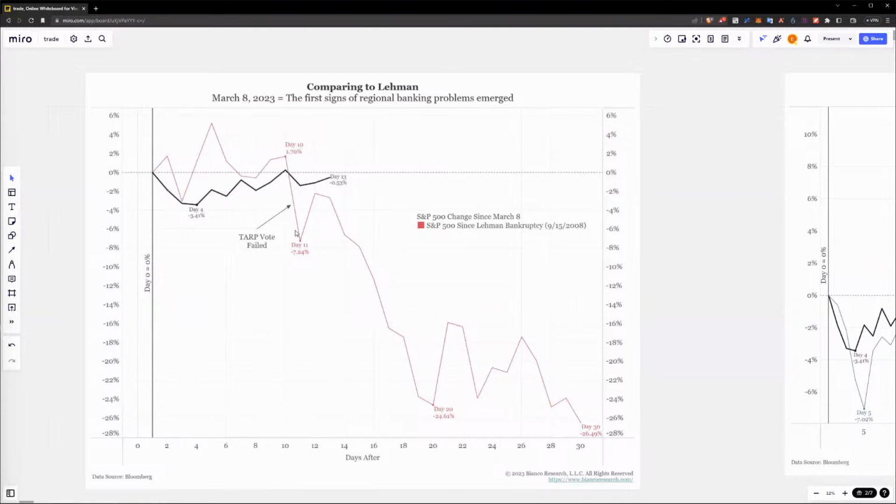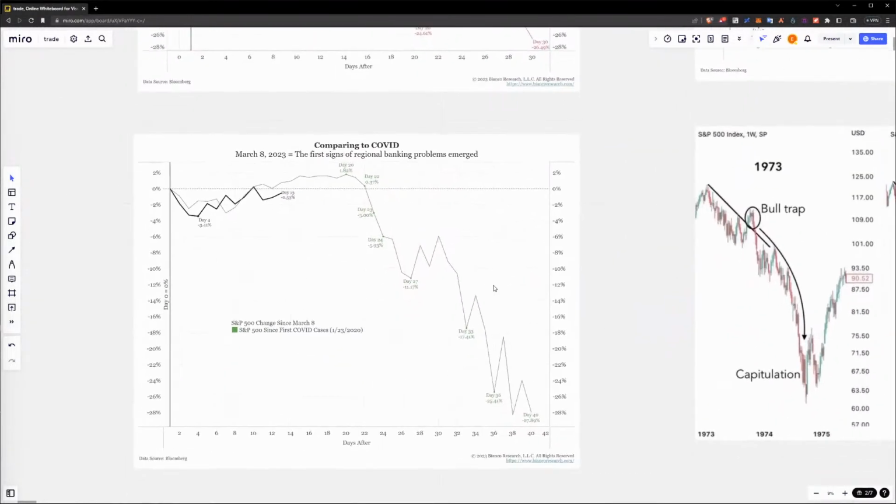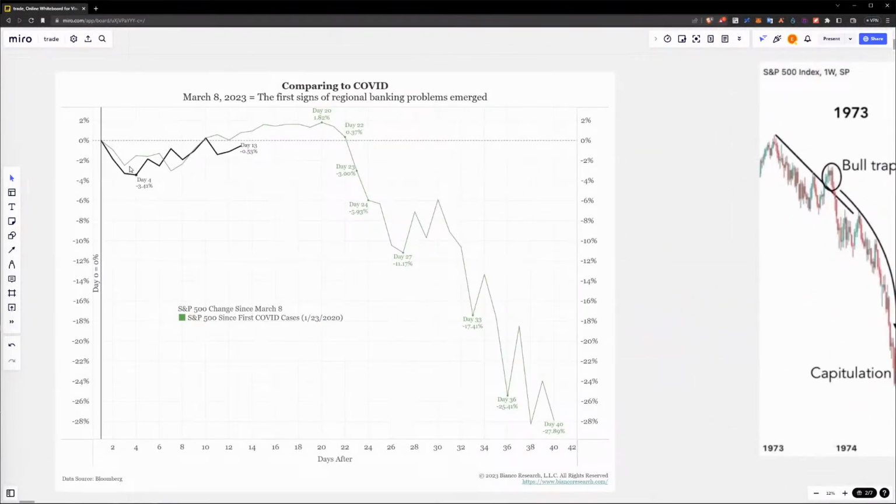Before we start the capitulation, before the whole event starts, we have a little rally window, then we have a crash. Also we can look at the COVID crisis, where we have an uptick. In the green is the S&P, it takes like 20-30 days, and by 40 days we have the capitulation.